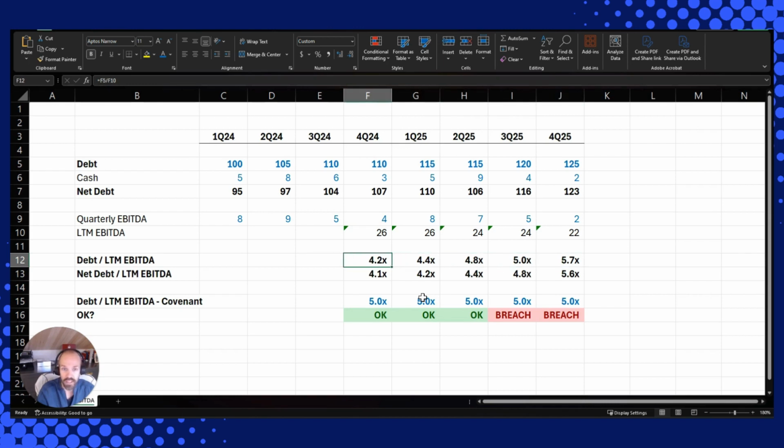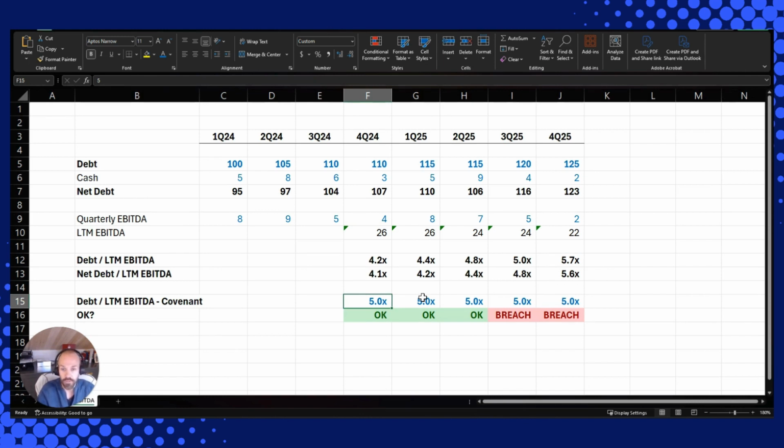You can see here that with EBITDA declining over this period and the debt going up, the debt to EBITDA ratio is steadily increasing as well. In this period, it increases from 4.2 times to 5.7 times. Then you might have an actual covenant from the bank that says you have to keep your debt to EBITDA below 5 times.